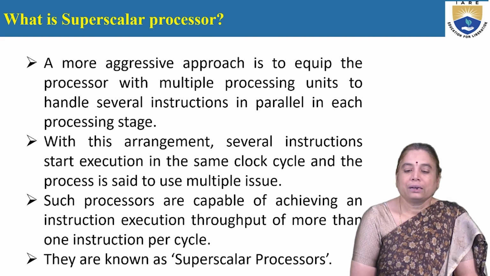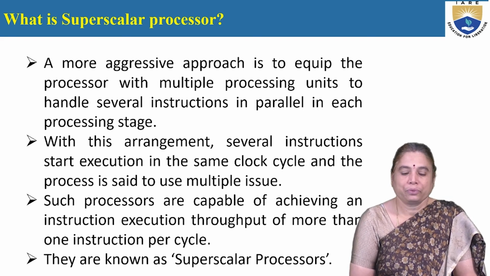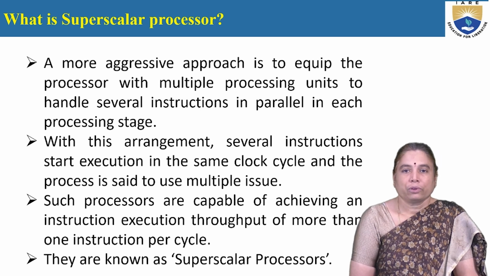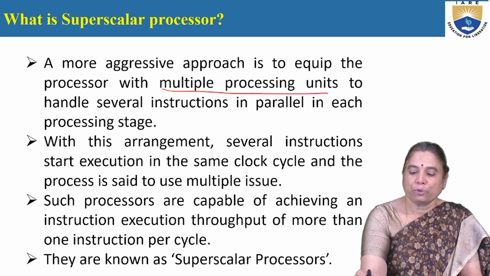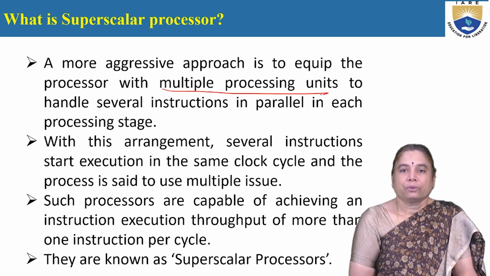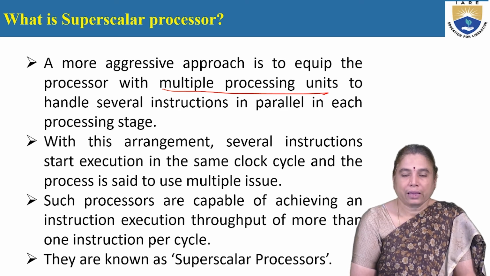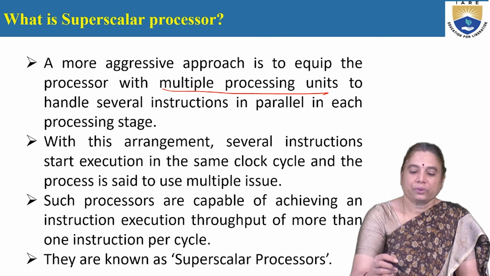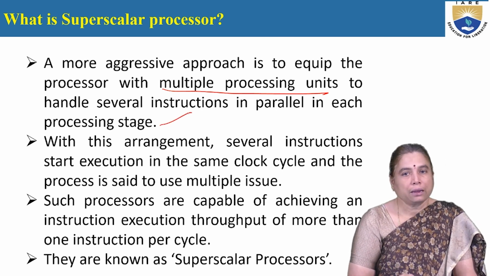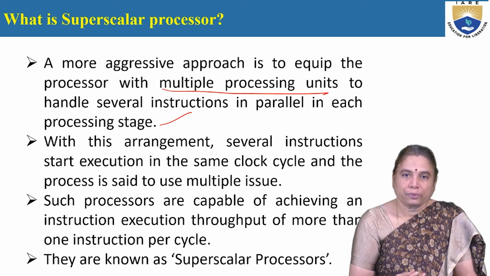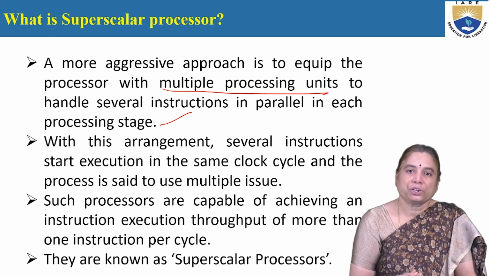Next question, what is a superscalar processor? The superscalar processor equips the processor with multiple processing units, so that several instructions can be executed in parallel at each processing stage. In the superscalar processor, a multiplicity of functional units is employed.